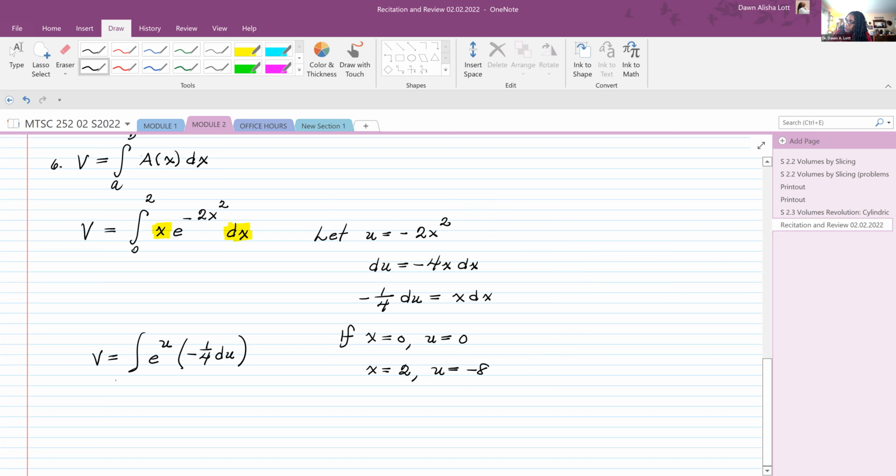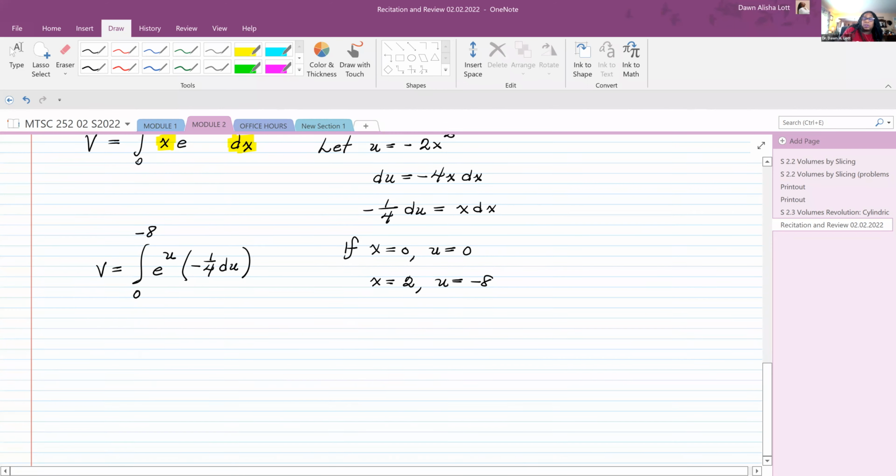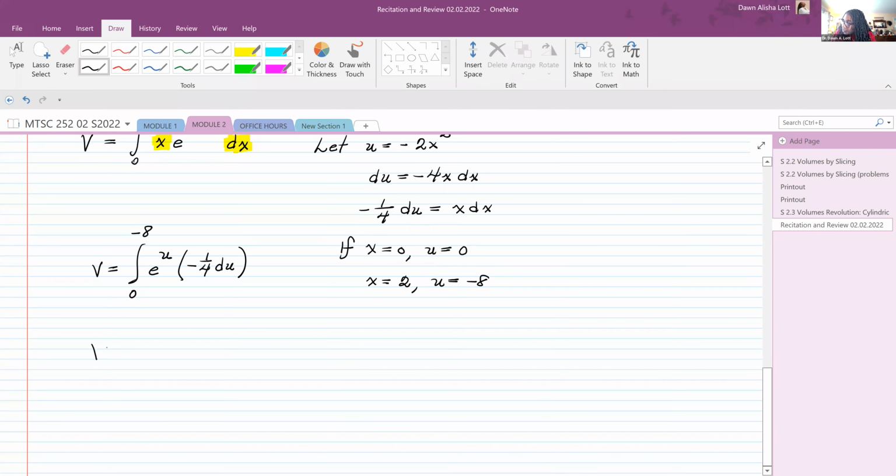So when x is 0, u is 0, and when x is 2, u is negative 8. Okay, so now we are ready to do this integral. So V is the negative 1/4, we can pull that out, times the integral from 0 to negative 8 of e to the u du.